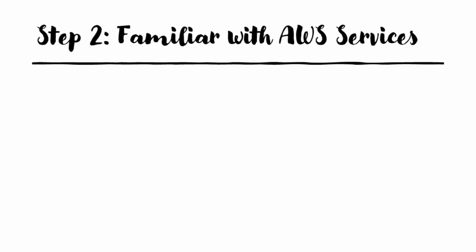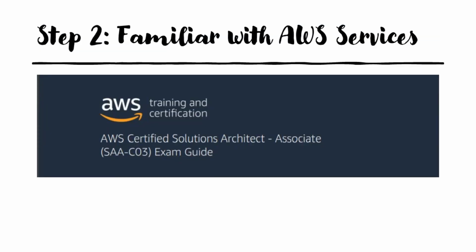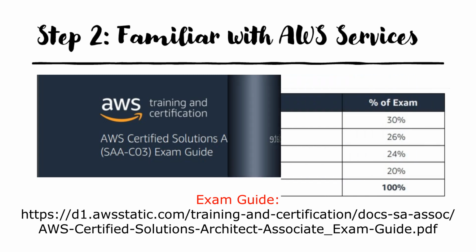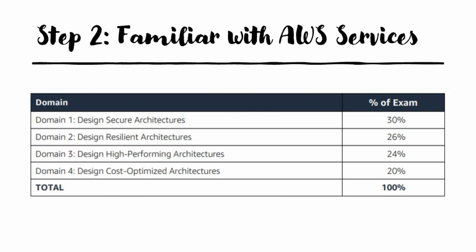Next, to prepare for this certification, you need to go through the AWS Certified Solutions Architect Associate Exam Guide. I'll share the link in the description box. There you will understand what the domains are that are part of this certification and how much the weightage is. Just a quick run-through. Domain 1 is design secure architectures, which has a weightage of 30%.